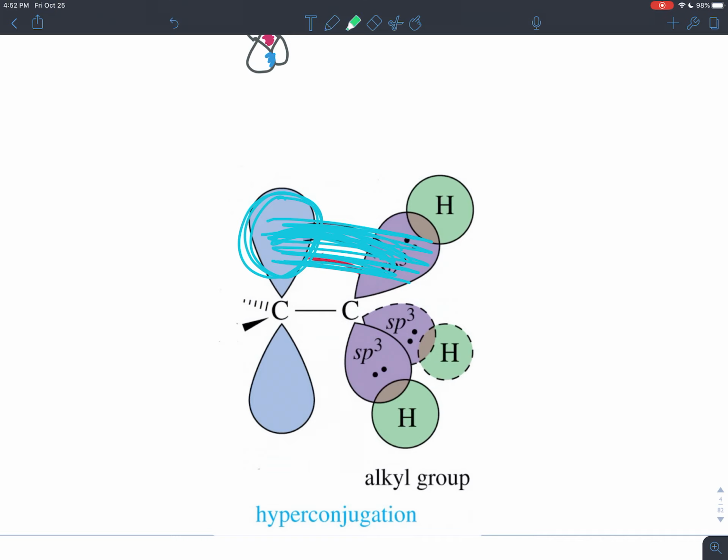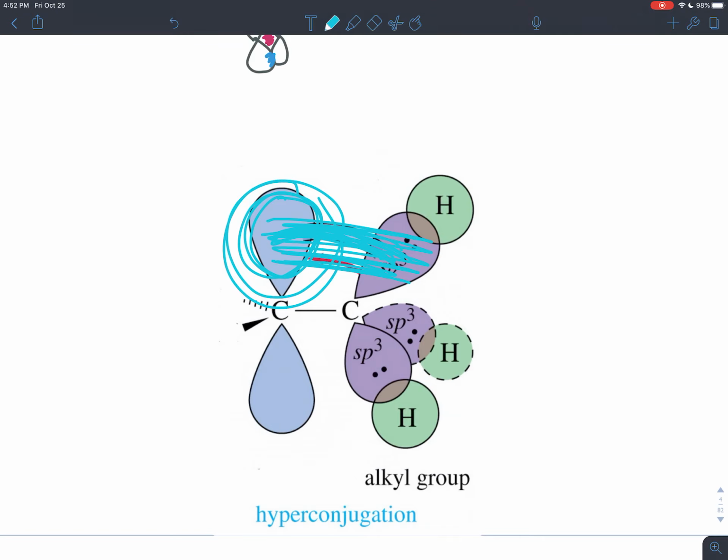That spreading out between half of a p orbital and half of an sp3 orbital, that's hyperconjugation. So hyperconjugation is when half of a p orbital overlaps with an sp3 orbital and bleeds into it a little bit.